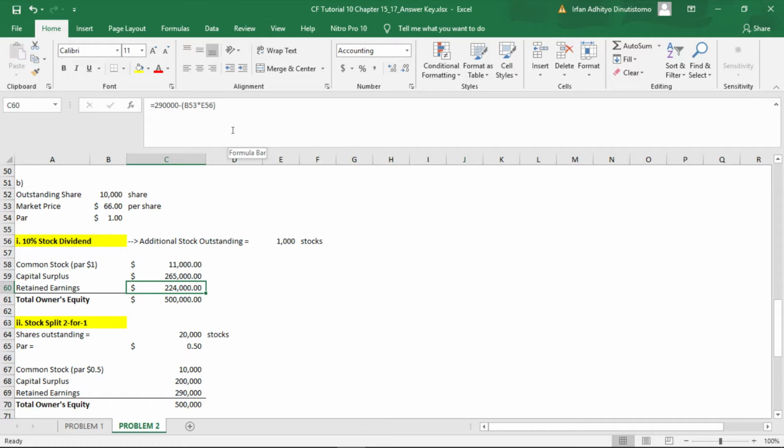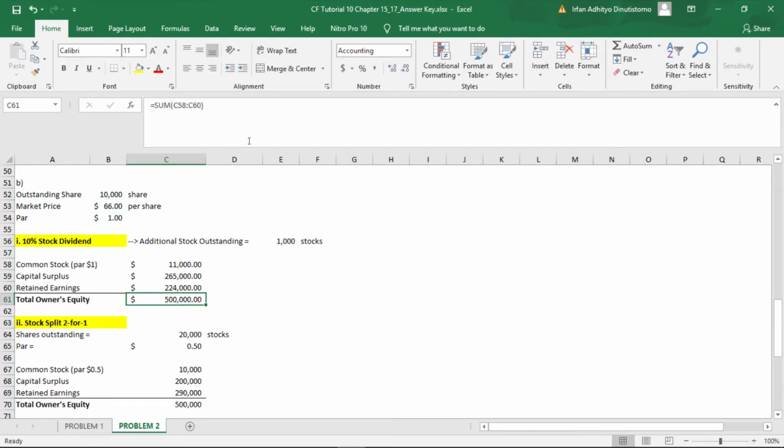This is the expense of the stock dividend paid out by the firm to its shareholders. So this is why the amount is decreasing from $290,000 to $224,000. If you can see right here, the market price times the additional stock outstanding is the expense of the issuance of the stock dividend.